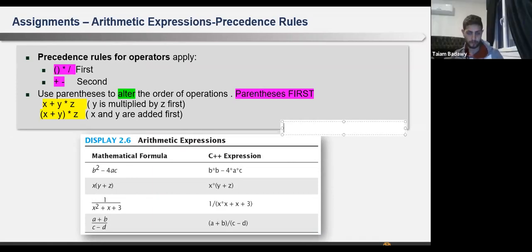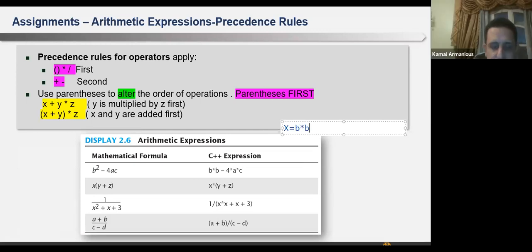Sorry, Doctor. So if we have x equal b times b minus 4 times a times c, we want to evaluate x. In short, we calculate the value of x. Okay? So to calculate the value of x, assuming that this is the expression, I have parentheses.